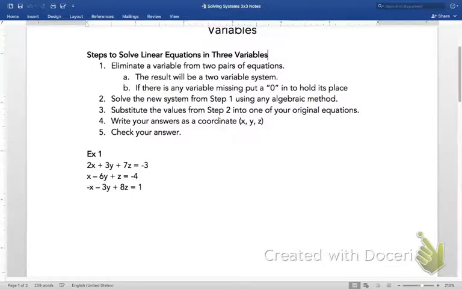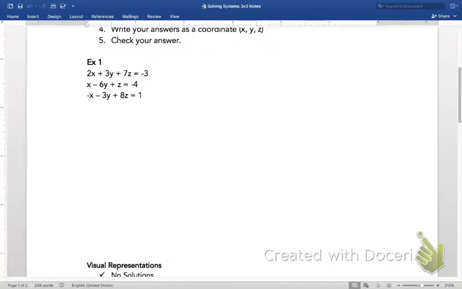So what that means is, if I have the example here, what is probably going to be the easiest variable to get rid of with the least amount of work? X, right? Now, in doing this, I'm going to have to use one of these equations twice.